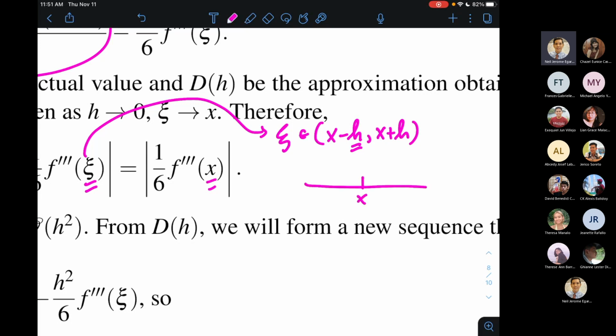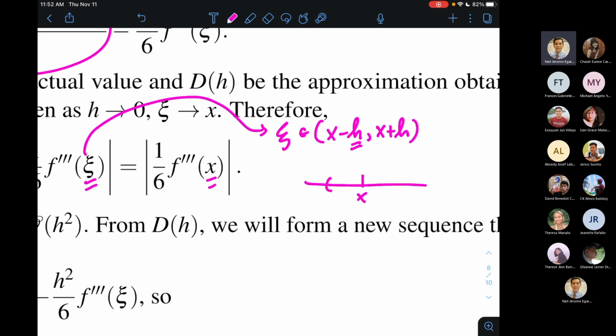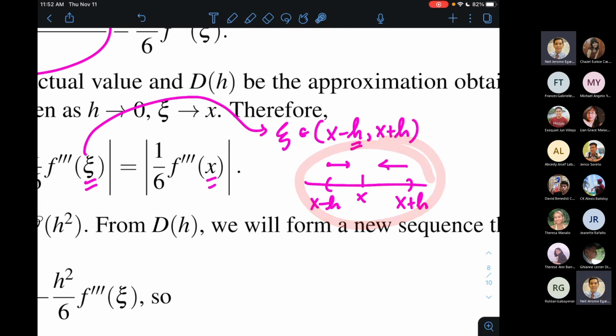Shout out to those taking Math 155. So you have an open neighborhood from x minus h to x plus h. As h gets smaller, x minus h gets closer and closer to x, and x plus h gets closer and closer to x. So essentially, c would be equal to x in the limit. As the interval shrinks, we are left with just one element of the open interval. Or sort of. So that's the idea.